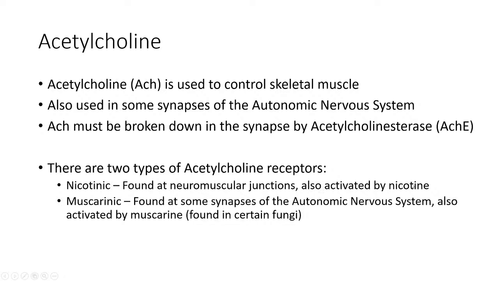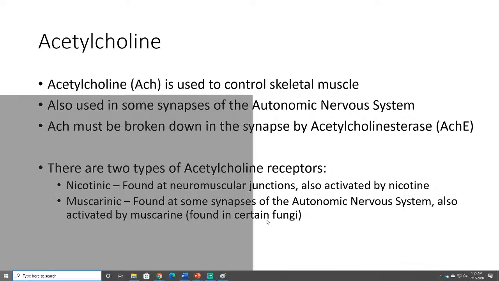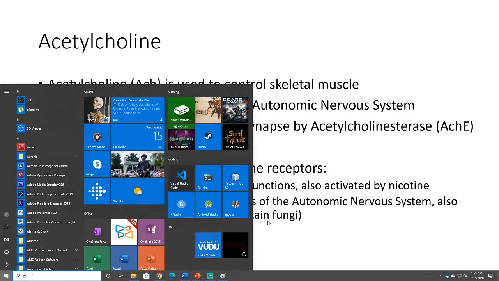Now, these synapses can also be activated by nicotine, right? So they're called nicotinic because nicotine can bind to the nicotinic receptors for acetylcholine. Muscarinic receptors are found at some synapses of the autonomic nervous system, and they can also be activated by muscarine, which is found in a certain kind of fungi.